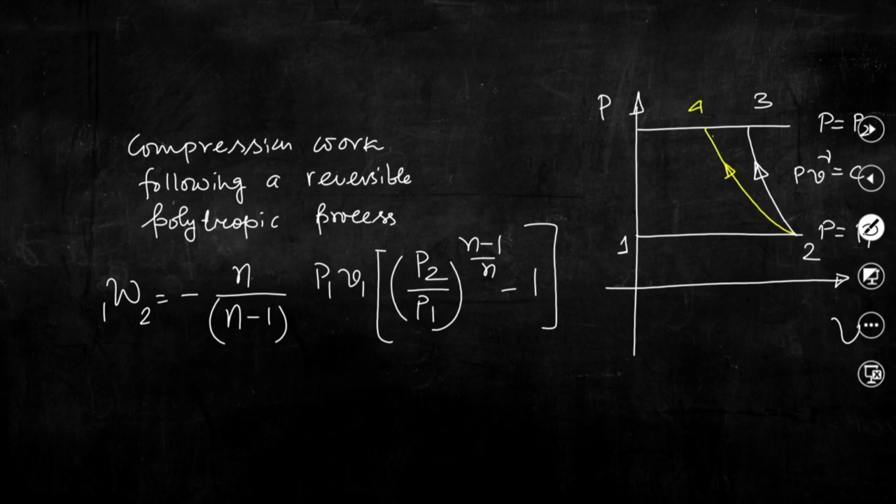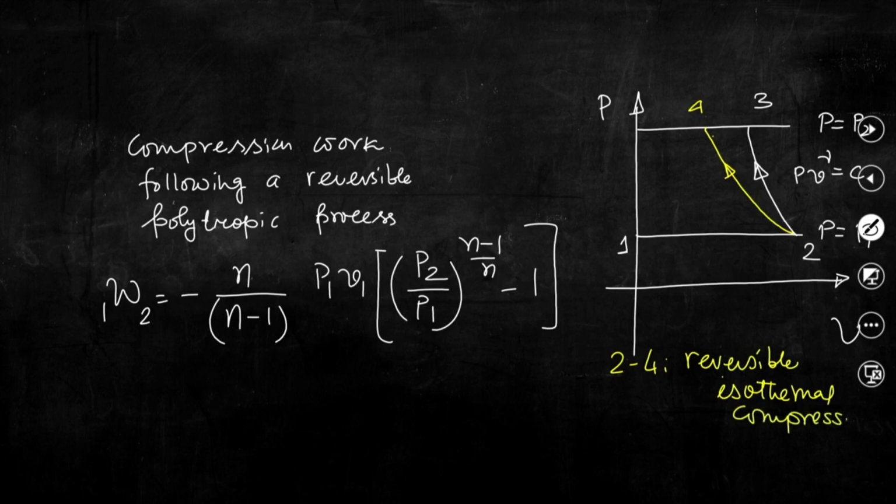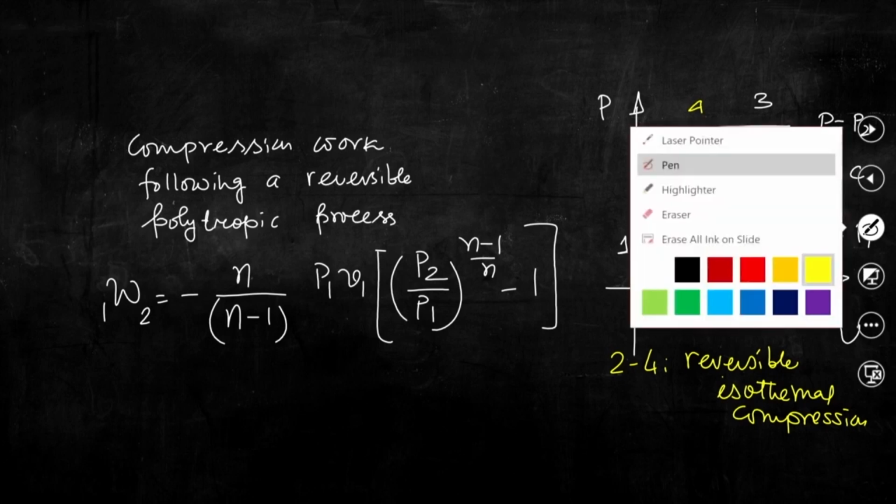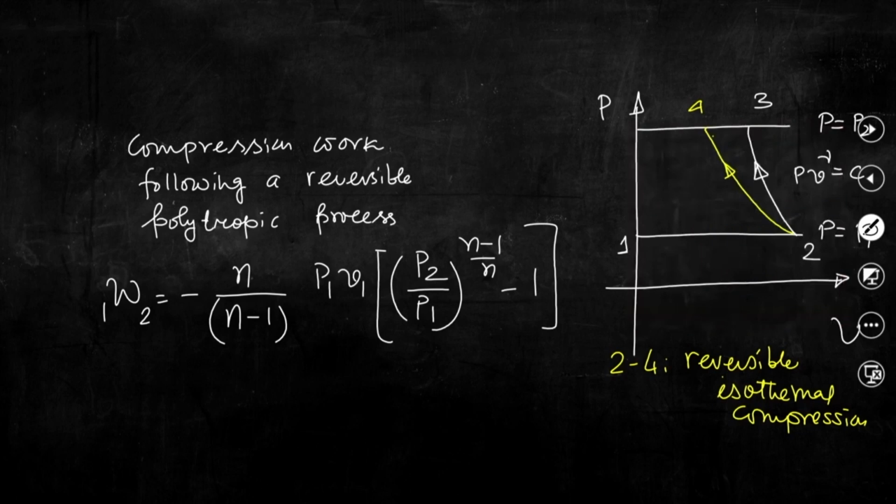So, we can write that 2 to 4 is reversible isothermal compression, and then what would be the reversible polytropic process?